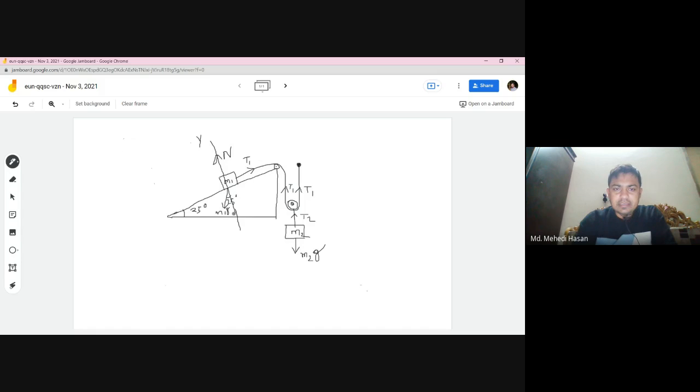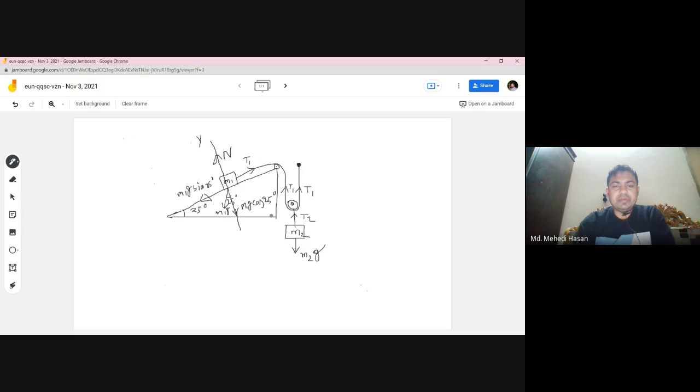Along the y-axis it will be m1g cos theta, that means cos 25 degrees, and along the negative x-axis it will be m1g sin 25 degrees. So this is the free body diagram for M1 and M2, and also the pulley system.